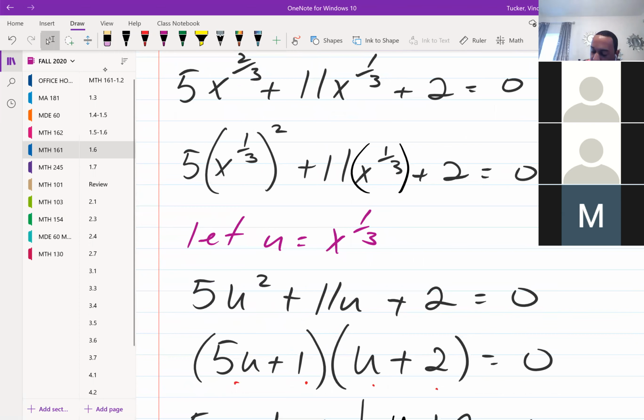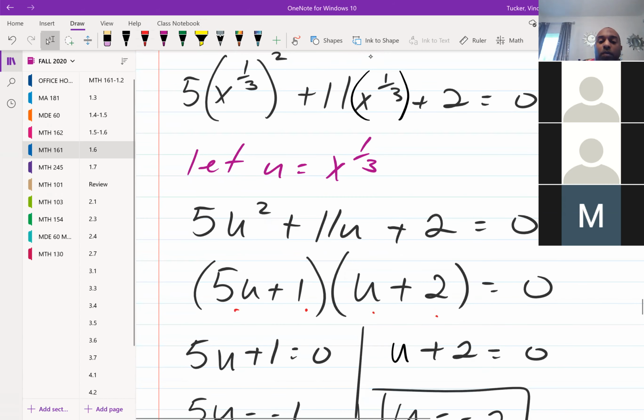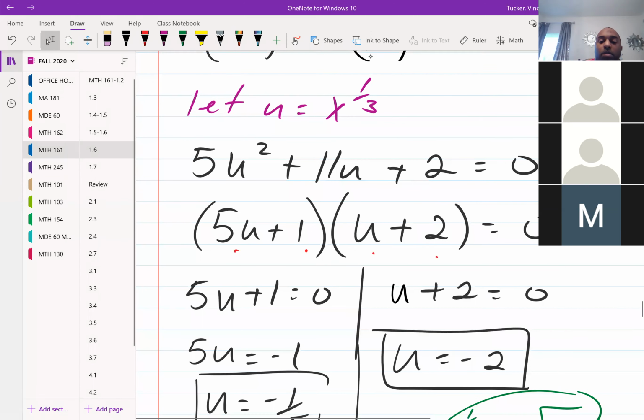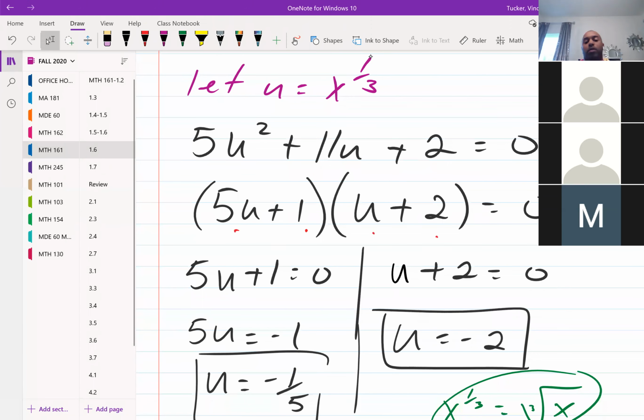Just a reminder, you can use the quadratic formula and get the same two results. So 5u plus 1 equal to 0 gives you u equal to negative 1/5. u plus 2 gives you u equal to negative 2.